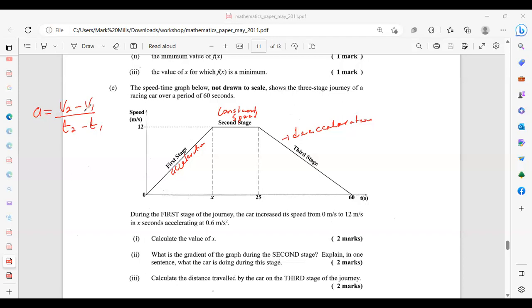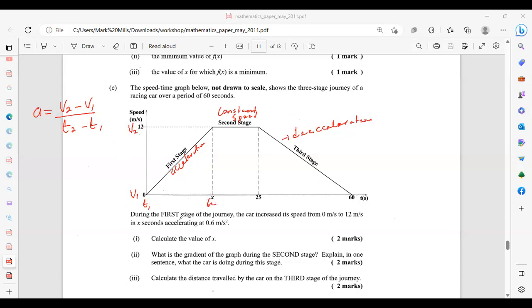Acceleration is equal to final velocity minus initial velocity, divided by final time minus initial time. So this side here is V1 and this one will be V2. Follow me, everybody. The other times are T1 and T2 for the first stage.